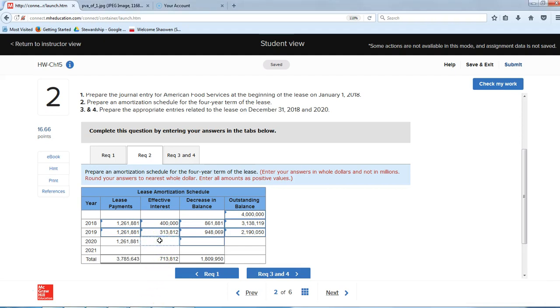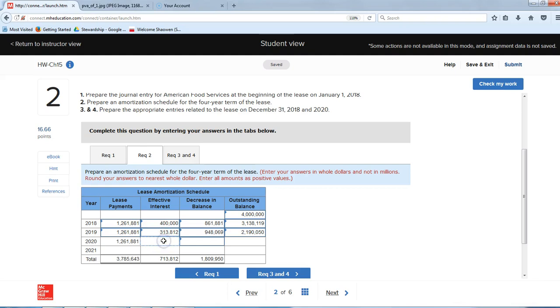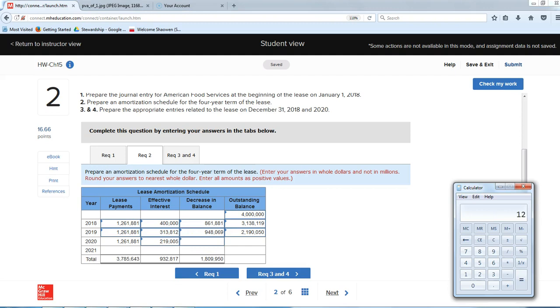And then in 2020, this new balance multiplied by 10% is the interest expense, 219,005. Therefore, the decrease of balance is 1,042,876.